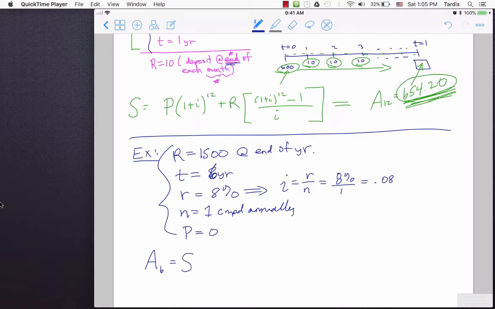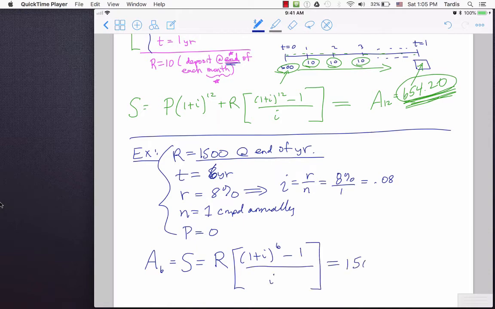The book calls this value S, and we use R times ((1 plus i) to the n minus 1) divided by i. Here n is 6, since we've made 6 payments in 6 years of $1,500 at the end of each year. Filling in the blanks: $1,500 times (1.08 to the 6th power, minus 1) divided by 0.08.